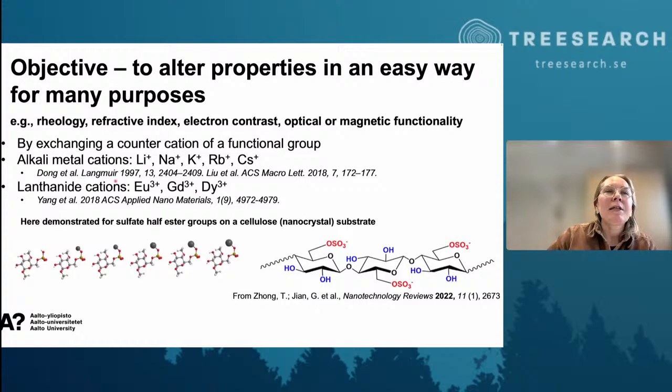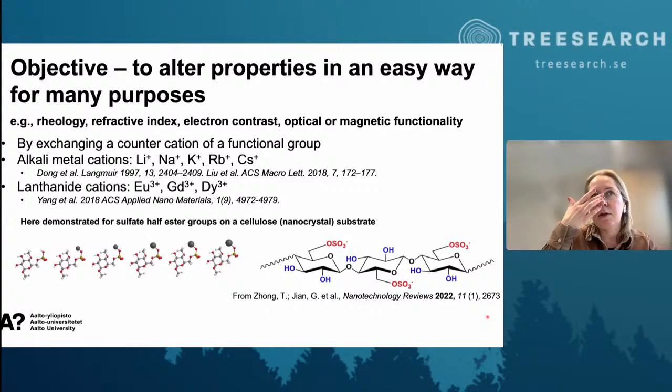For our work, we have chosen some of the suspects like europium, gadolinium, and dysprosium. But in the literature, there are also some others, very often europium, but also other lanthanides that have been introduced in the context of cellulose.